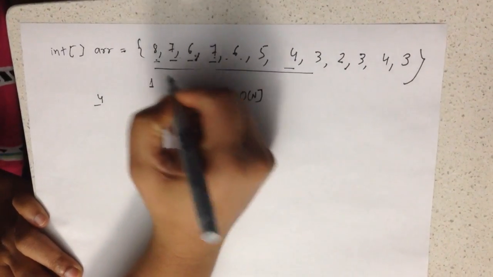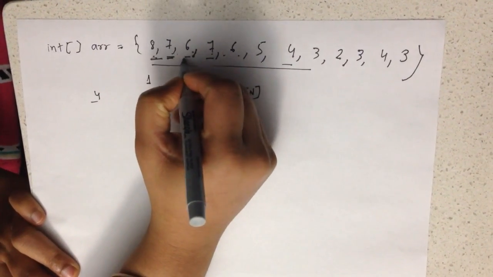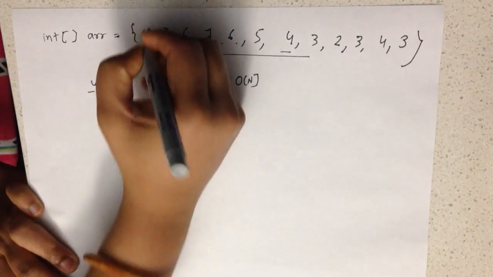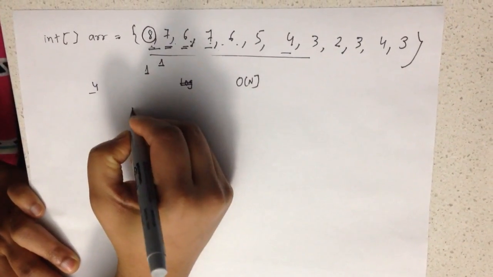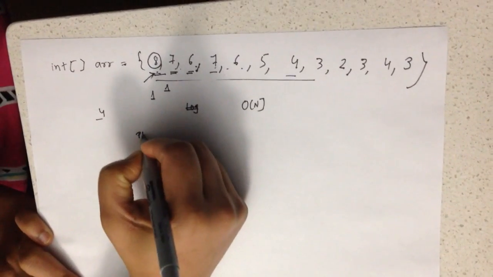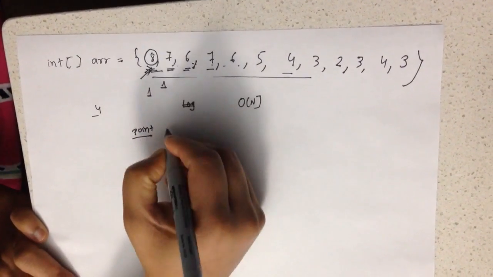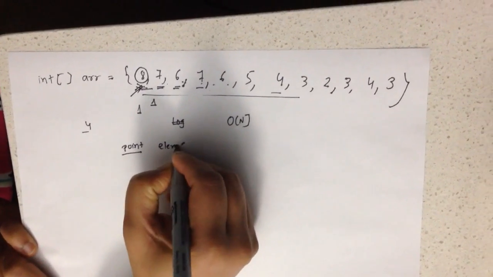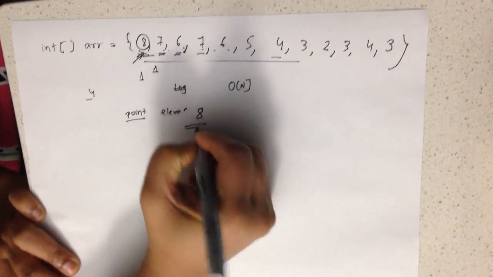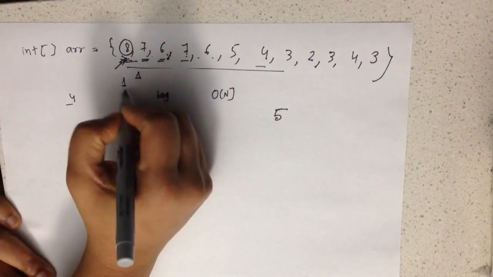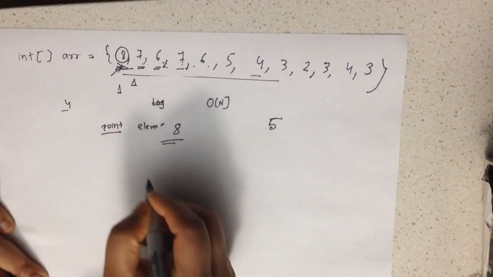But here is the case: as the difference between the elements is always 1, when the pointer is at our 0 position, we will see what the value of this element is. If the value of this element is 8, and we are searching for 5, we know that the difference between adjacent elements is 1.